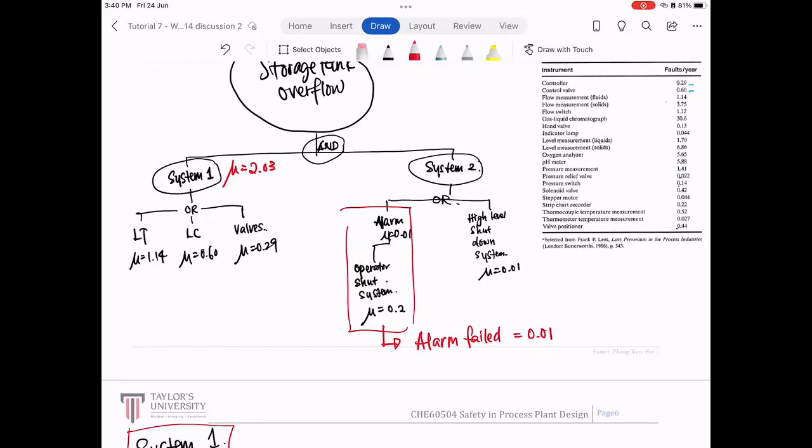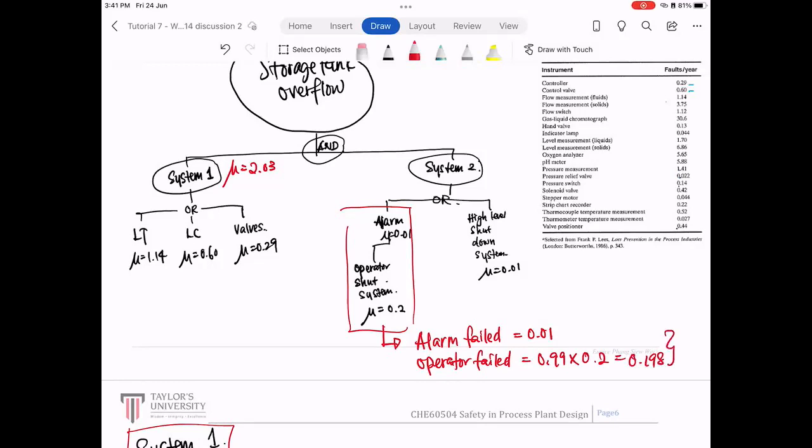When the operator fails, because this is one line, it will be 0.99 times 0.2, because the alarm will ring, meaning the opportunity for the operator to fail is 20%. So go back to a bit of the calculations in the event tree just now. 0.99 times 0.2, we get 0.198.